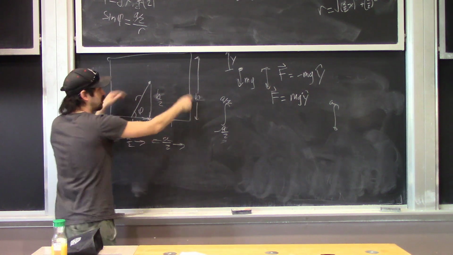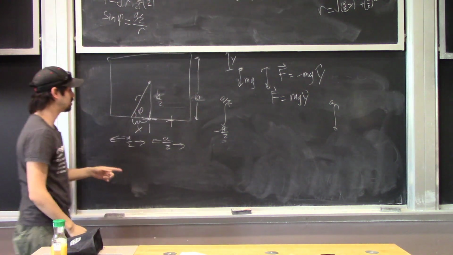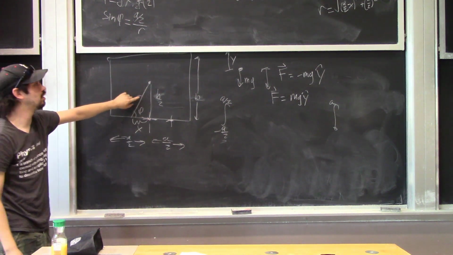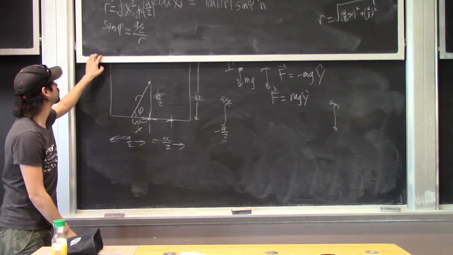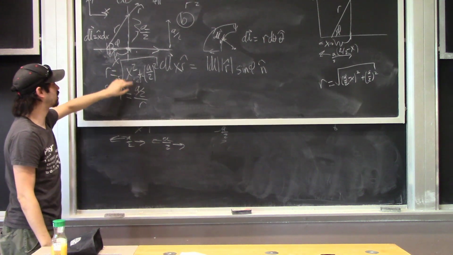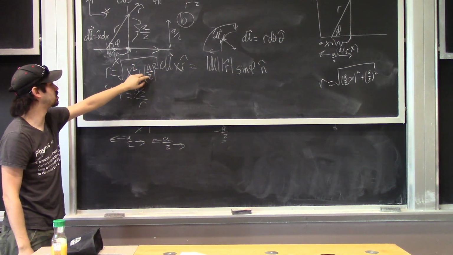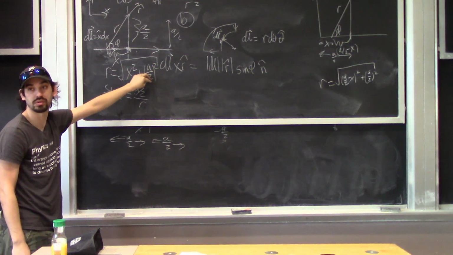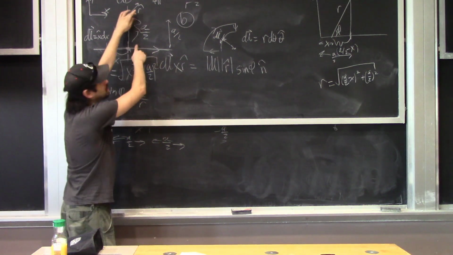I didn't change this length, I stretched this out like this. But what that does is change what r is, because instead of r being the square root of x squared plus a over 2 quantity squared, it is the square root of x squared plus b over 2 quantity squared, because then this length is b over 2.